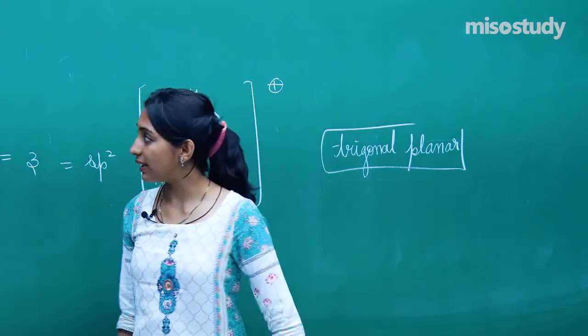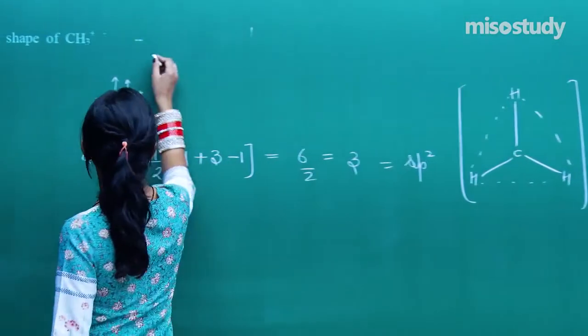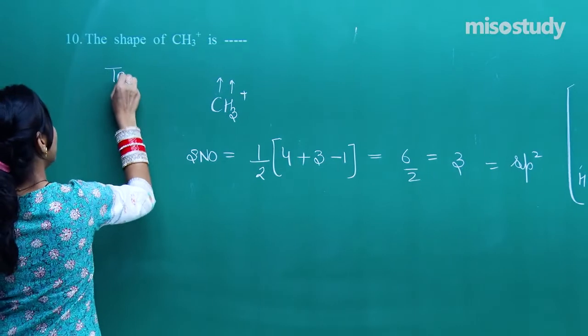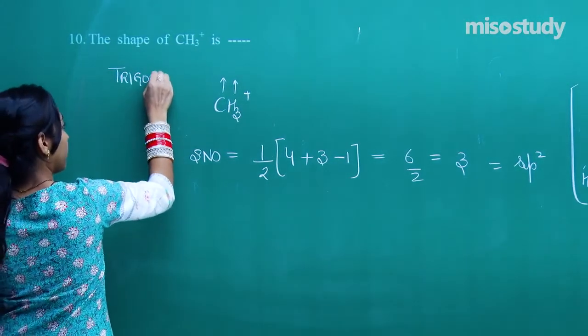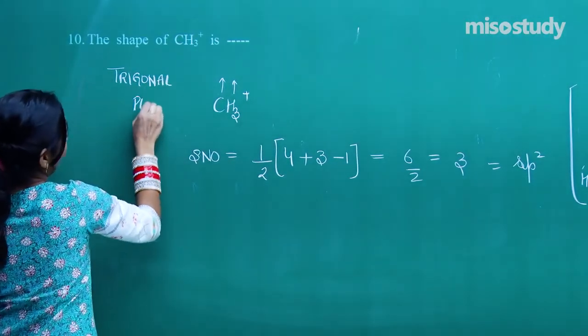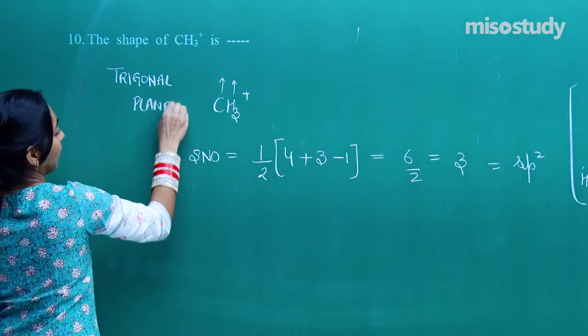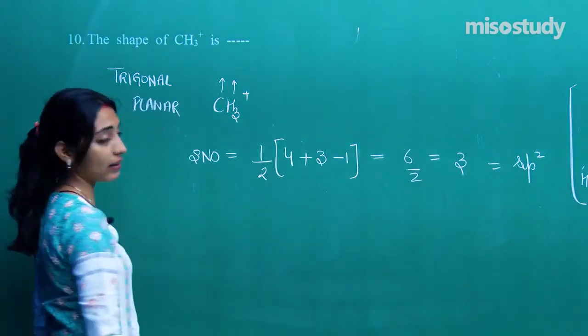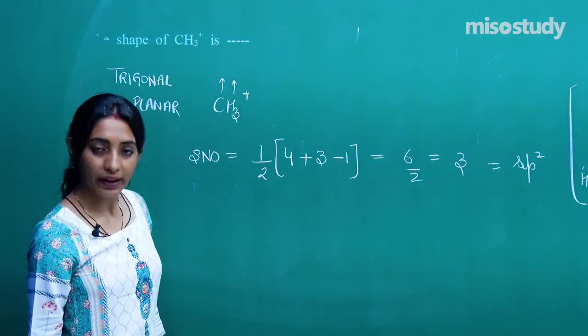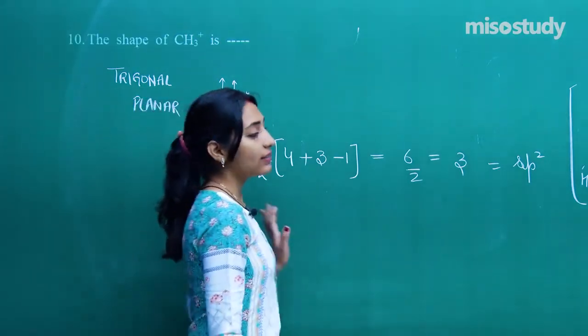Clear? So this is the final answer. The shape of CH3 plus is, you can either write planar also, but the best answer will be triangular planar or trigonal planar. Okay? So that is it.